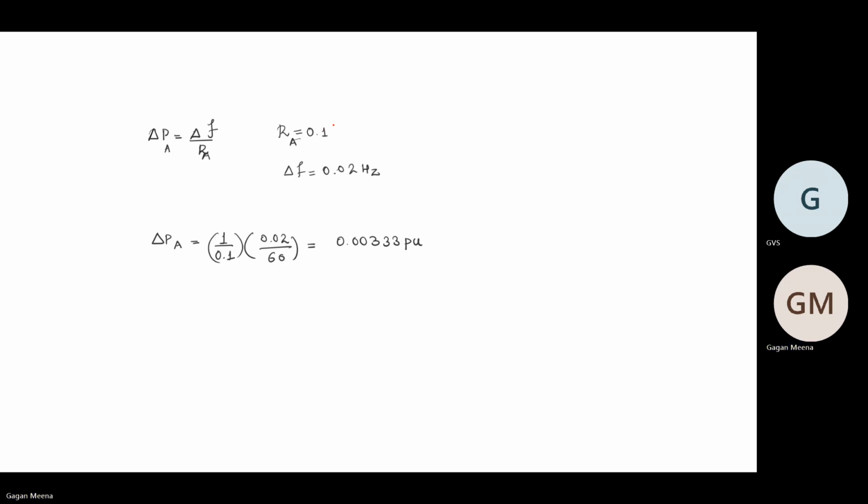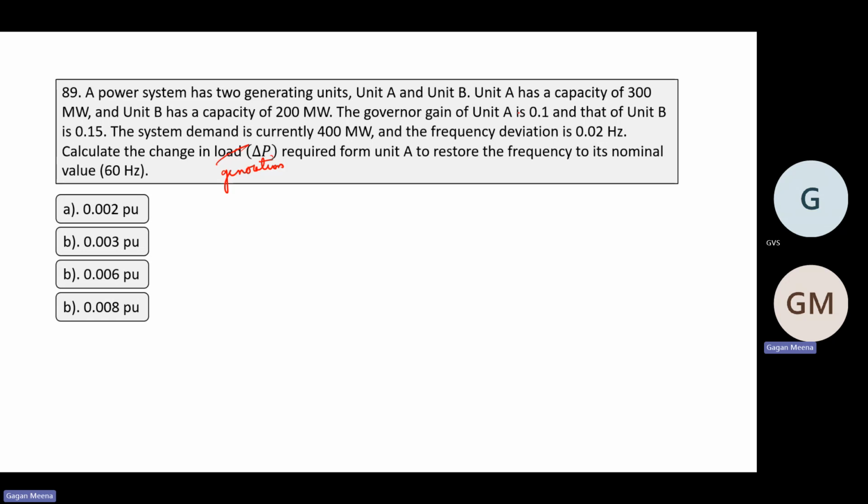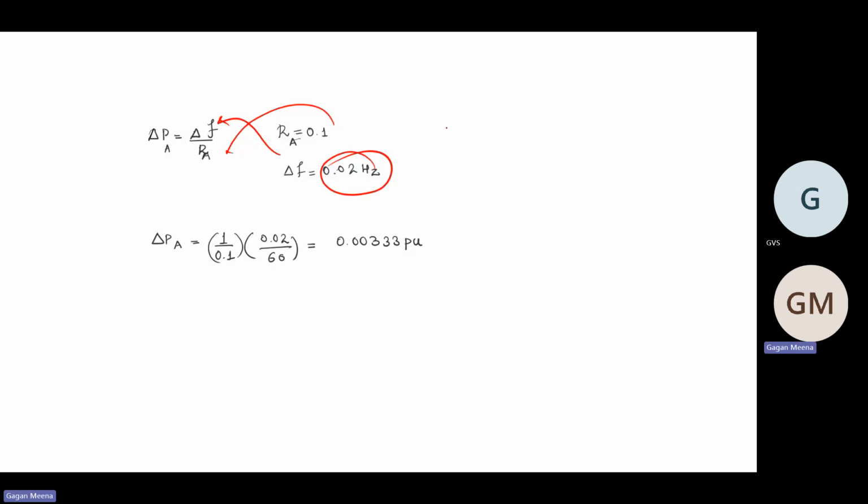We know all these values, so you can calculate. Because delta F is in hertz and R is in per unit, we have to use the frequency in per unit also, so divide by 60. Multiply everything, and you will get the change in generation required in per unit.